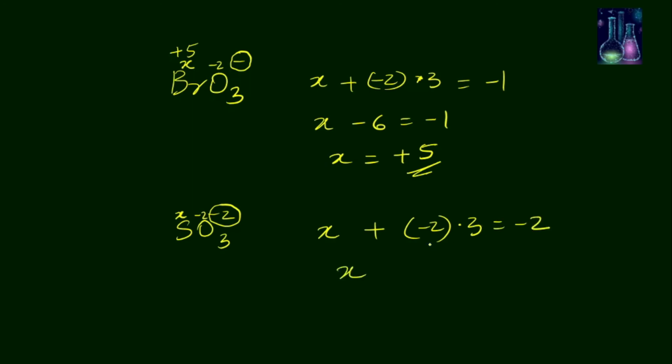Therefore X - 6 equals -2 and therefore X equals +4. That's the oxidation state of sulfur. I hope you understood how to calculate oxidation number and how to apply those rules. If you have any doubts, please leave them in the comment section below.